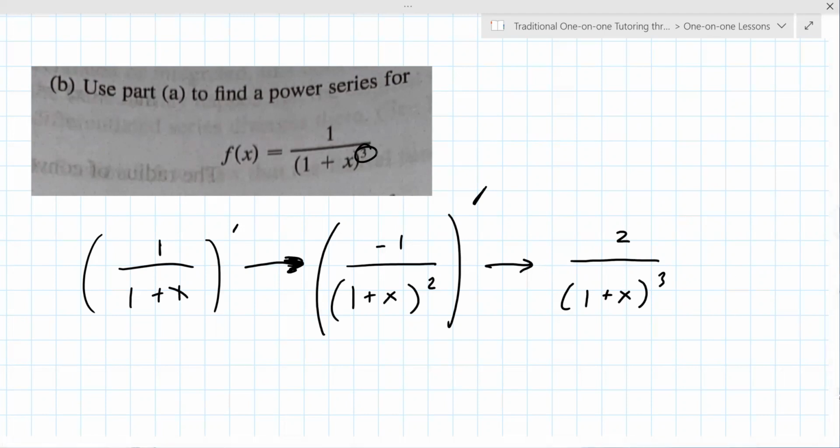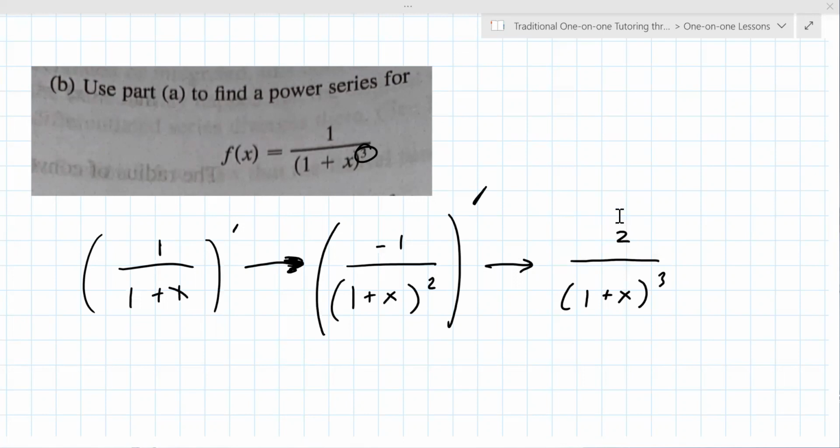I really should be checking these, because it's very important that these actually are correct. Let me check here. Derivative, what do we have? -1 over 1 plus x squared. No, not that power. Yeah, so this is right. How do we want to do this?